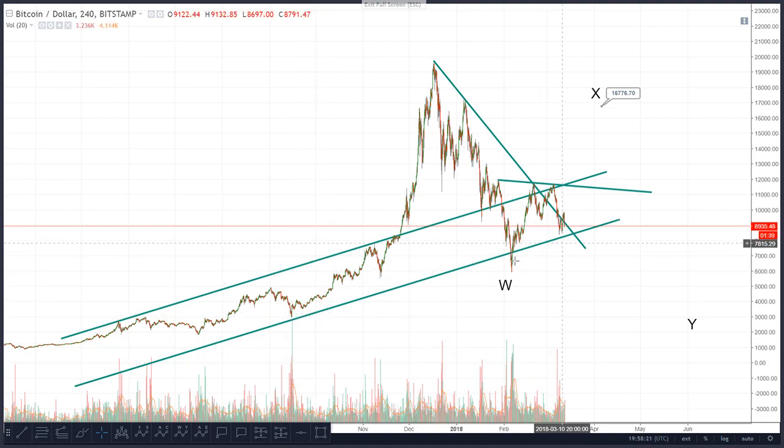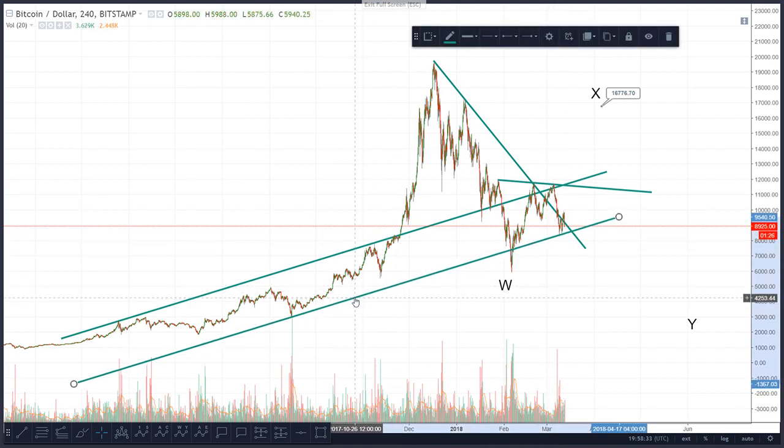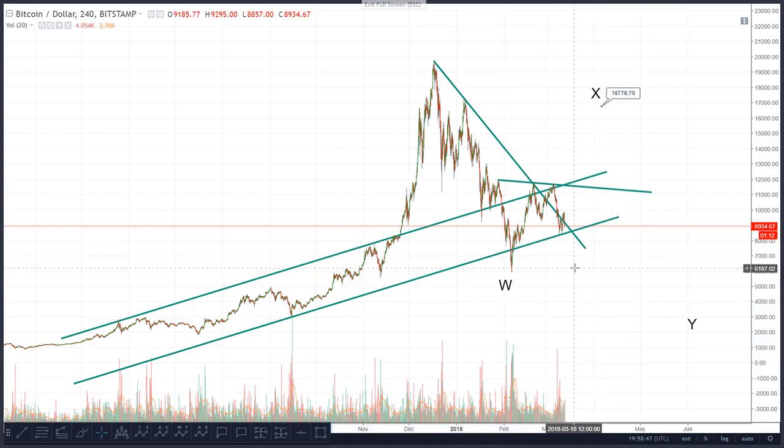These parallel lines have shown some good resistance at this level, and it looks like it's showing good support at this level. In fact, we can even raise it slightly because it's not quite touching that point, and now you can see it touches there perfectly. So whether that's coincidence or whether it's a significant line offering support there, we'll have to see. But I thought it's another interesting line which could show some good support there.